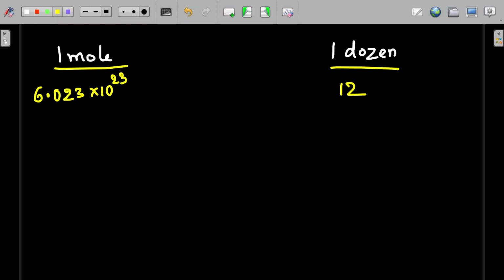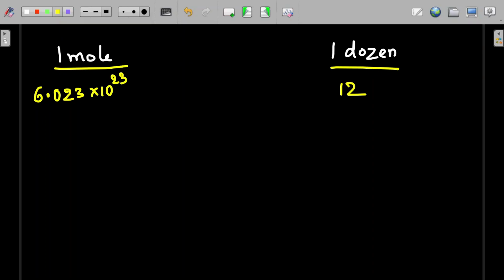Those many eggs will not be there in any shop, right? 1 mole of pens, if I ask, 6.023 into 10 to the power of 23 pens. Therefore, 1 mole is always a collection of this many things.